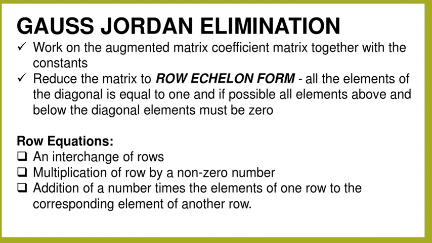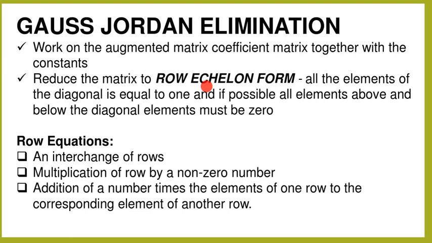So for the Gauss-Jordan elimination, this is actually a direct method in solving system of linear equation. So Gauss-Jordan elimination work on the augmented matrix, coefficient matrix together with the constant. And in Gauss-Jordan elimination, we need to reduce our matrix into row echelon form.